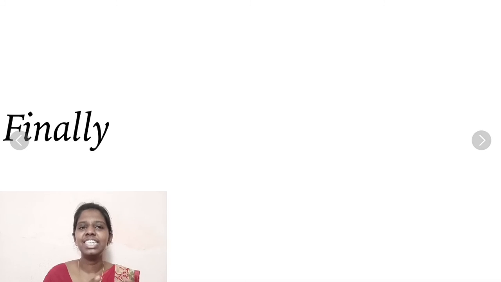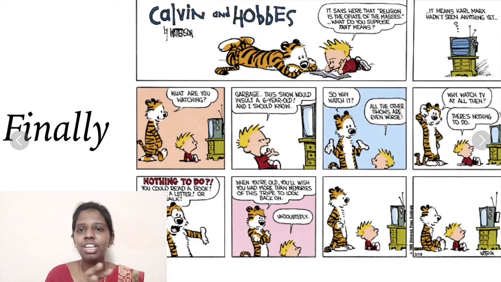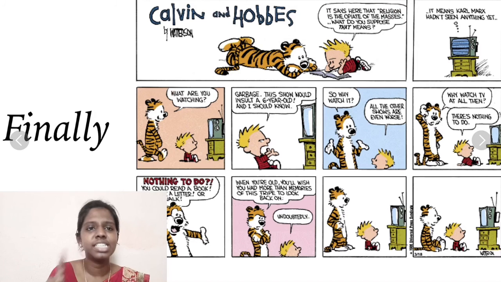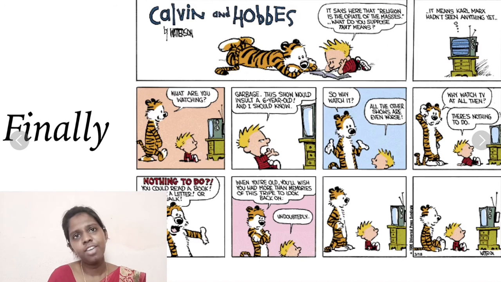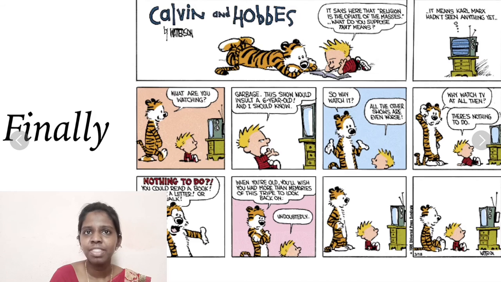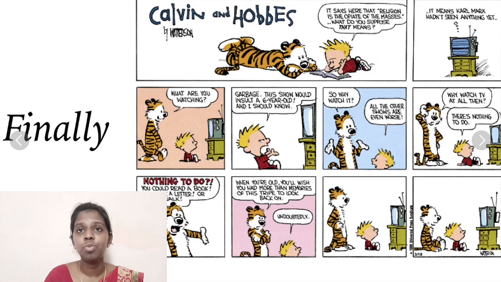Shall we see? This is a small picture which I found on the internet to show you how a comic strip will look exactly if you finish it. First you need a name. So they have given Calvin and Hobbes. So this is the name of the comic strip. Then they used frames, that is rectangular frames. Then they have used their cloud bubbles, thought bubbles, to talk about what it was thinking.